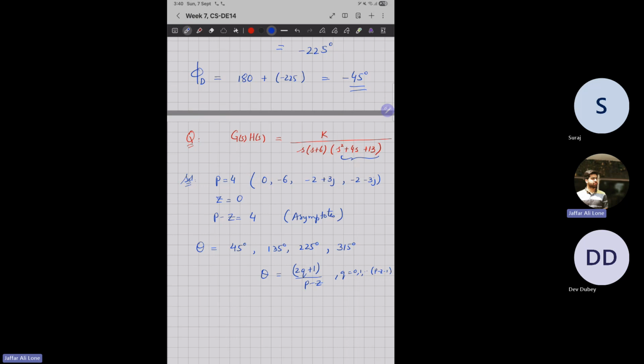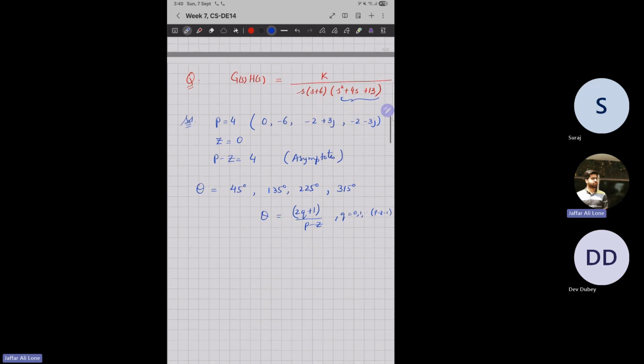Now we have to see the intersection of these asymptotes on the origin, which is given by centroid. So I'll calculate centroid. Centroid is given by summation of real part of poles minus summation of real part of zeros divided by p minus z. So we have summation of real part of poles 0 minus 6 minus 2 minus 2, minus summation of real part of zeros is 0 minus 0.